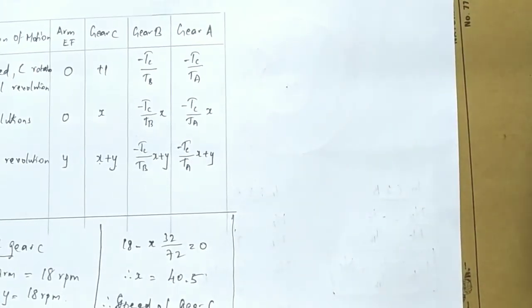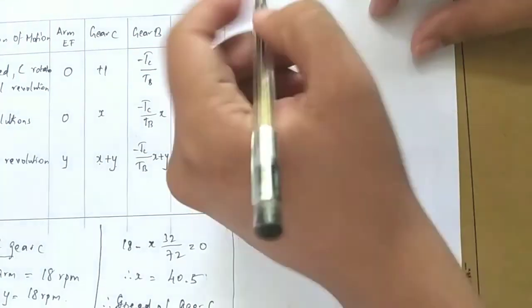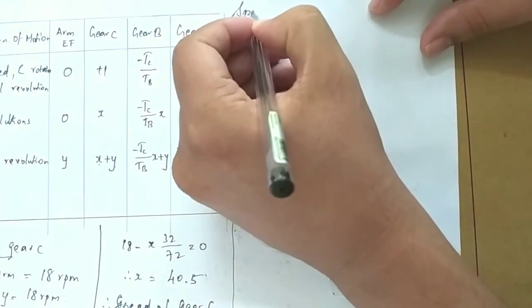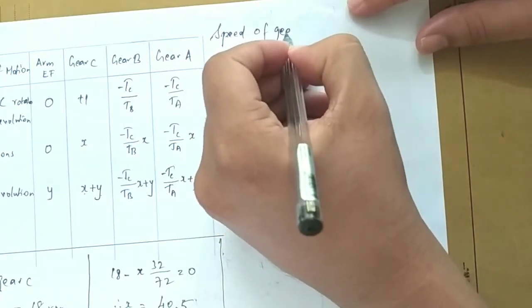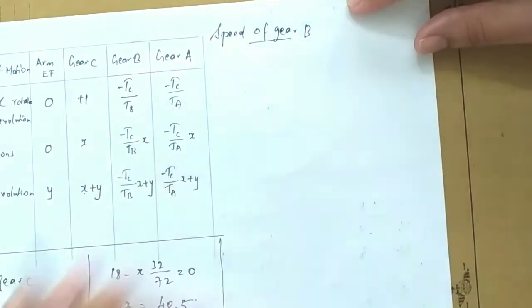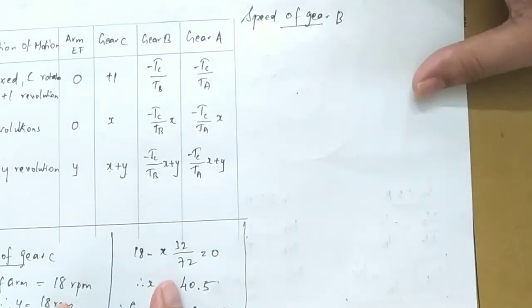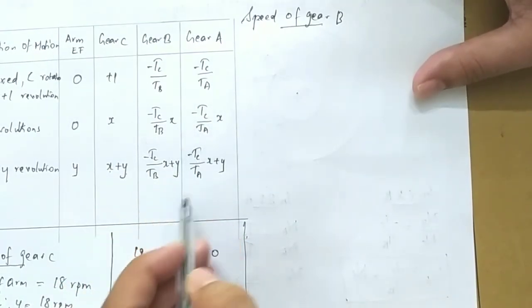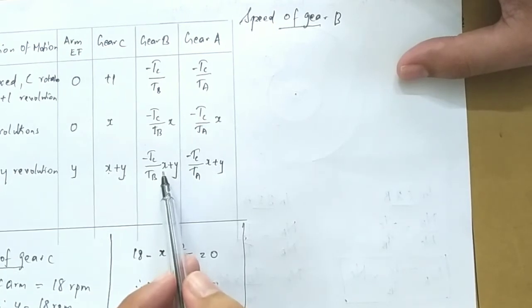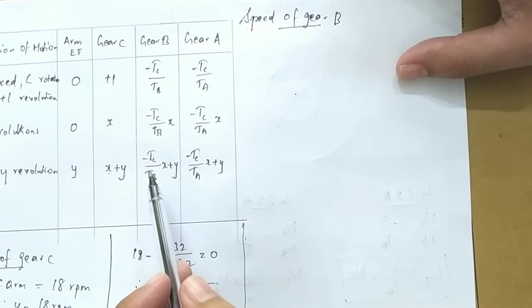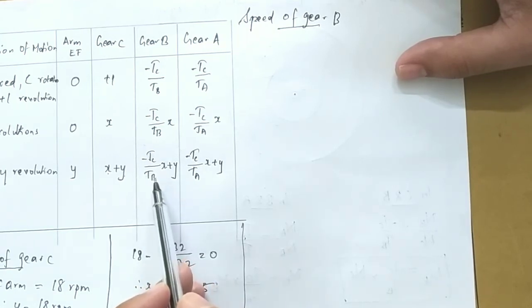Now you can similarly find out the speed of gear B. What is the speed of gear B? If you want to find it, you know the value of x and y, and you also know the value of TC.